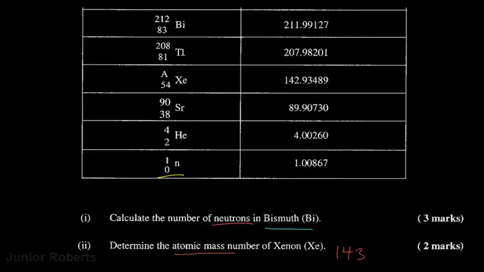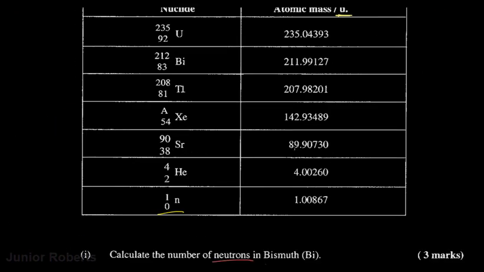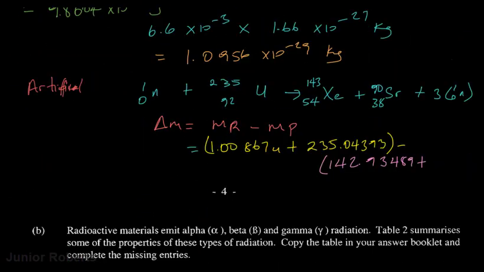So let's go back. Strontium is 89.90730. Plus, we have to consider the mass of 3 neutrons. So the mass of 1 neutron is this, so we can just simply write 3 times this.